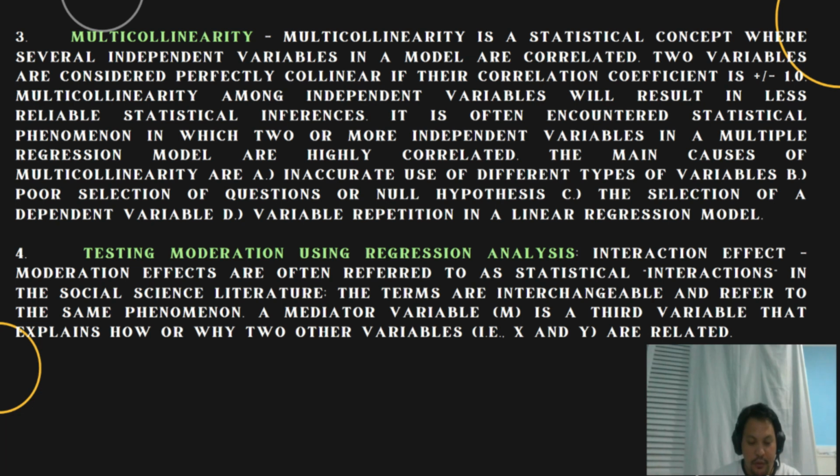A mediator variable, M, is a third variable that explains how or why two other variables, for example x and y, are related. And that's the end of my report about quantitative data analysis hypothesis testing.